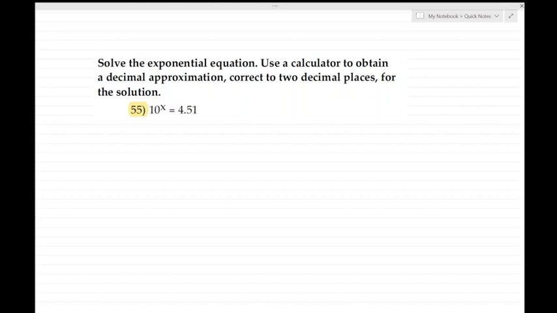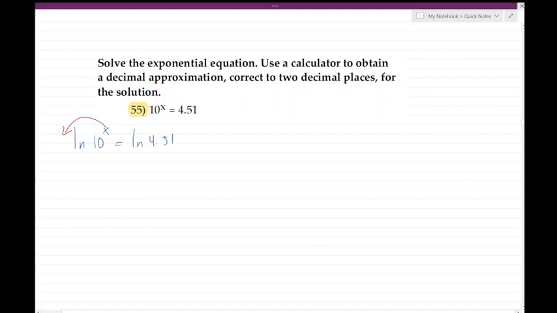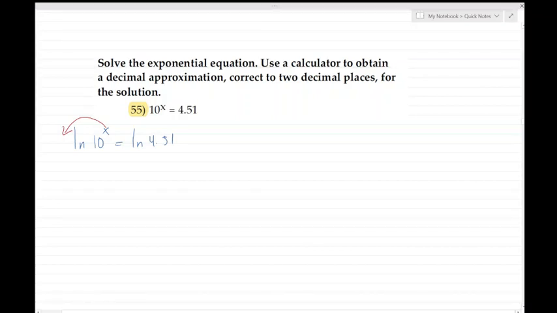So if you do that, you get the following. Ln of 10 to the power x equals ln 4.51. Okay. Then we use the power property to bring the x to the front. And we have x ln of 10 equals ln of 4.51.